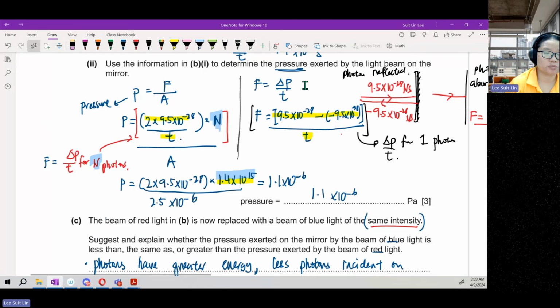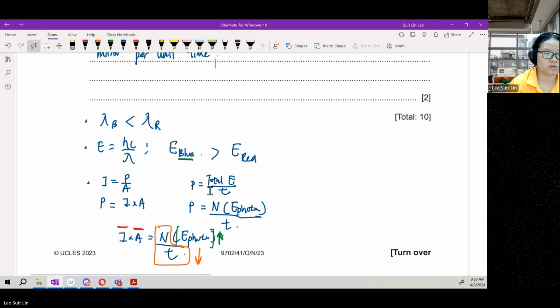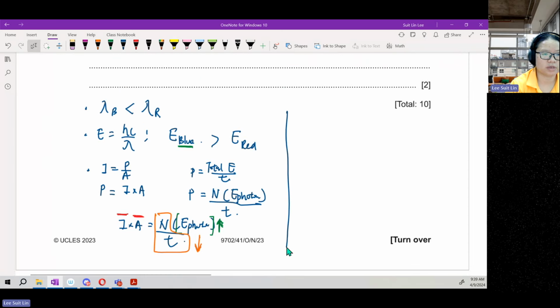Pressure is change in momentum over time, divided by area. So you have to look at the calculation here. I'm just going to draw a line here and write down the calculation that I did. So pressure was change in momentum, or rather 2 times the momentum of the photon, times n over t, divided by A. This was a calculation I did just now.